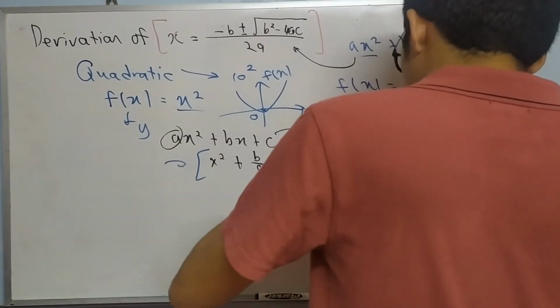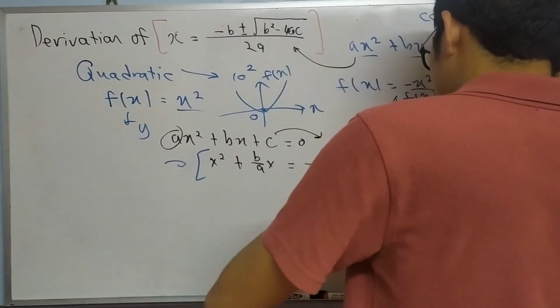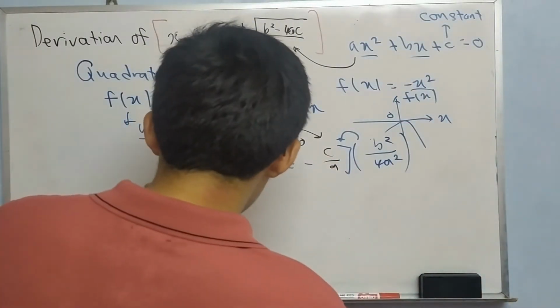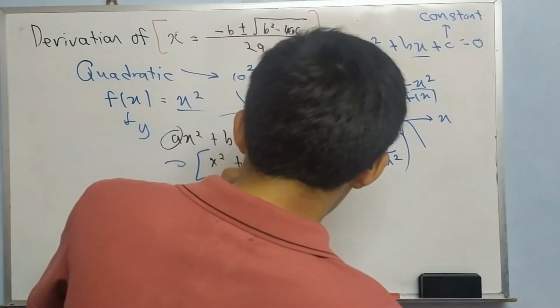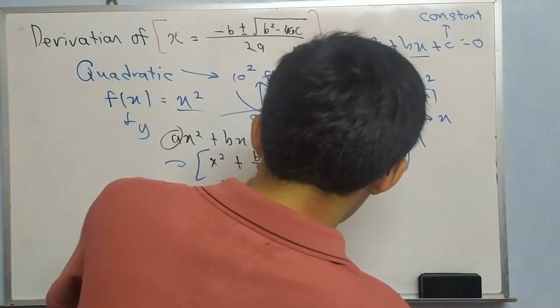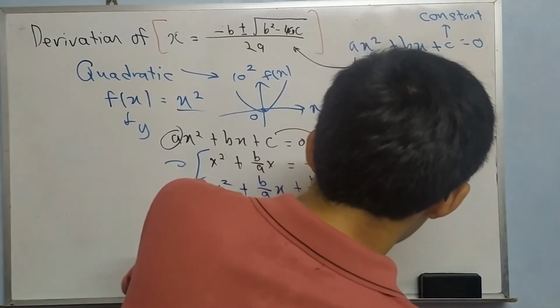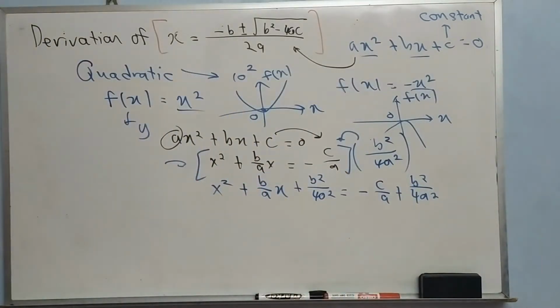Now, I'm going to add b squared over 4a squared to both sides. This is the equation we obtained.